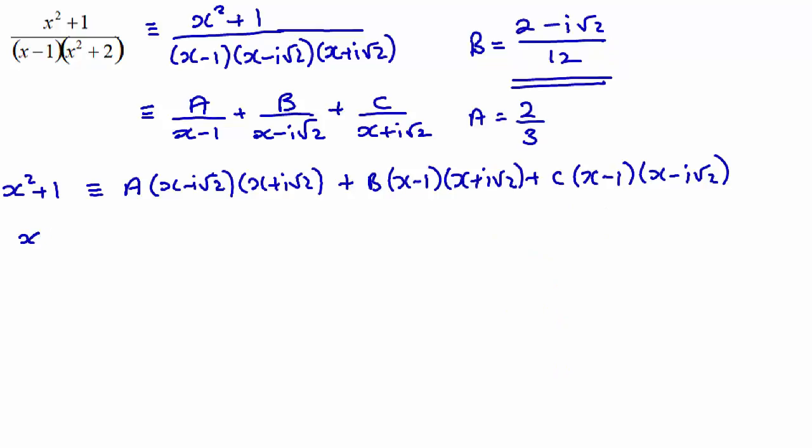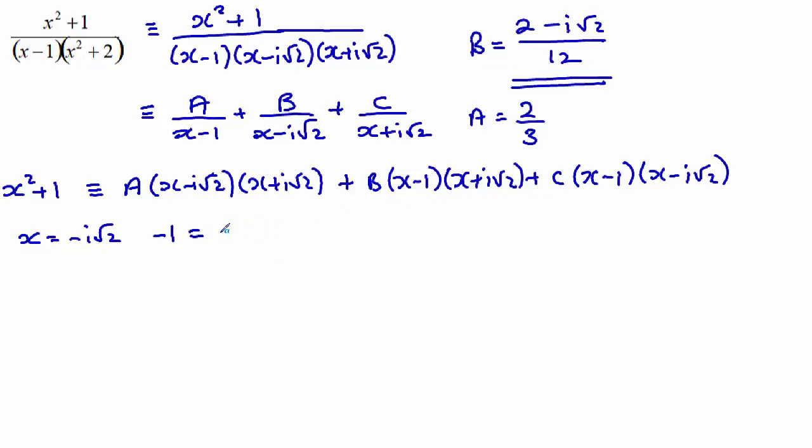Okay, so finally we'll let x be equal to negative i root 2. So that would make this term disappear and this term disappear. So we're finding C now. So we'd get, so negative i root 2 squared. So we're squaring this. So the negative will become positive. i squared is negative. Root 2 squared is 2. So it's going to be negative 1 again here.